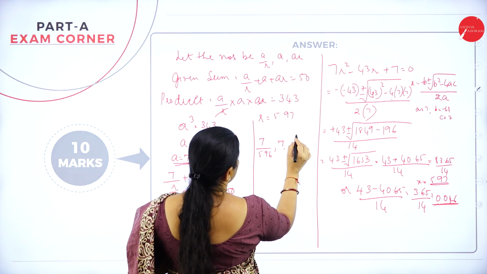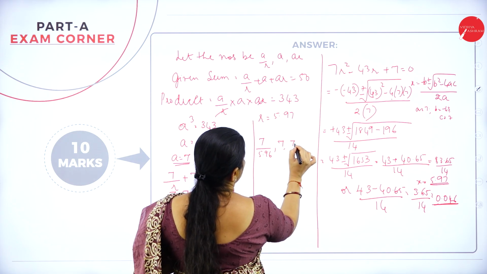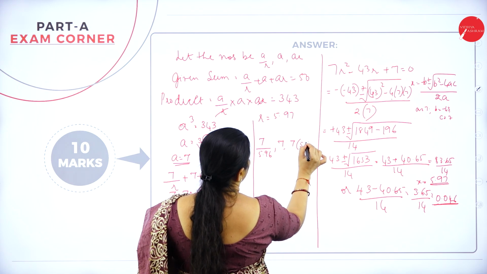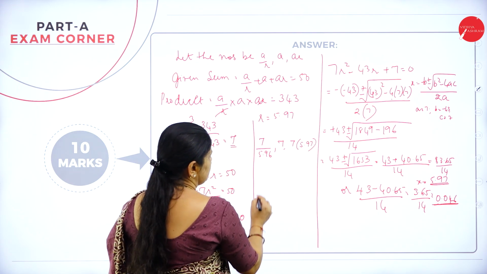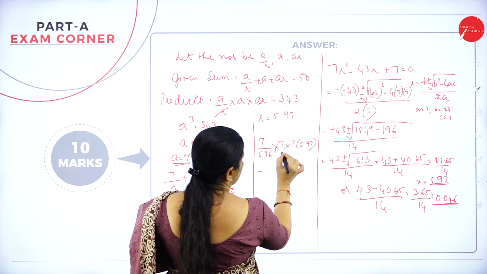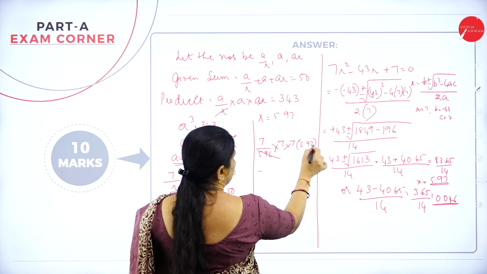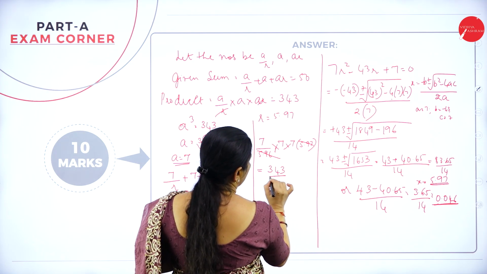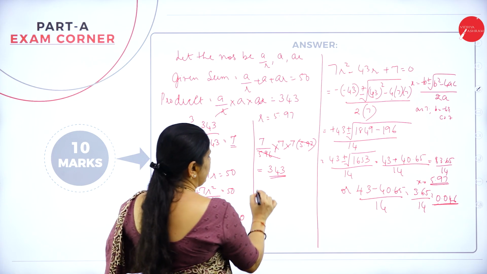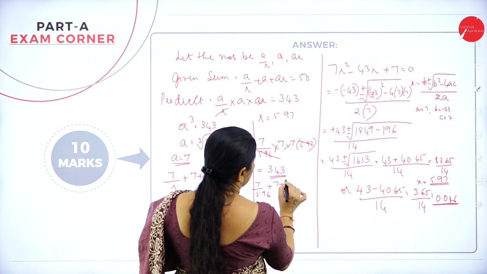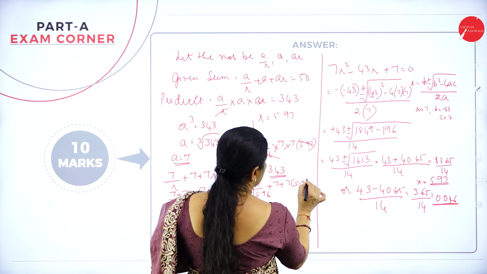Then A, then 7 into 5.97. So, when you multiply all this, so 5.96 gets cancelled. So, it will be 343. So, when you add all this, 7 by 5.96 plus 7 into 5.96.